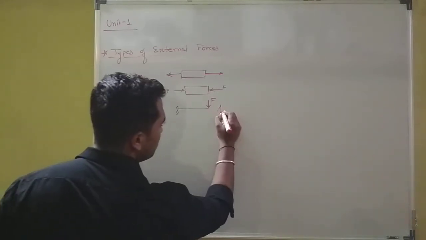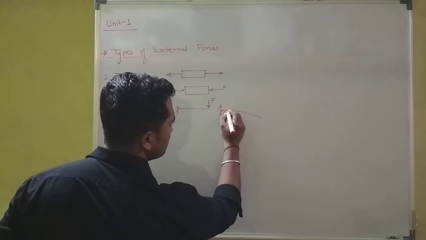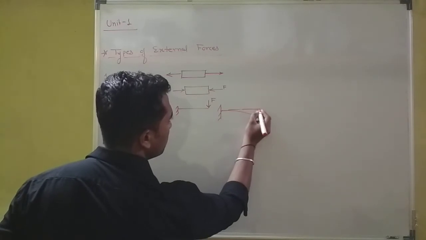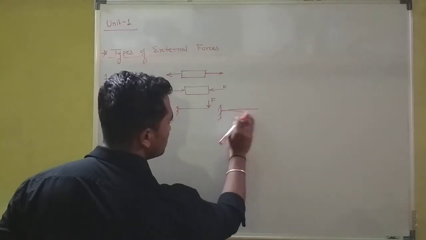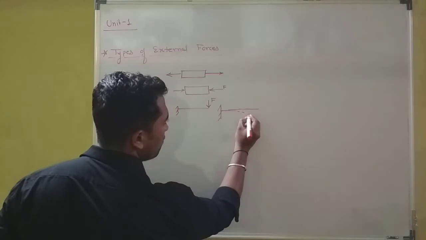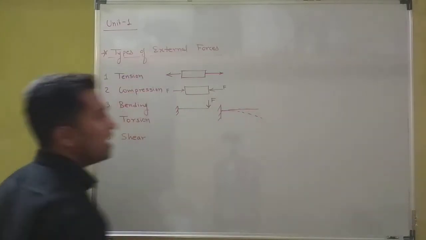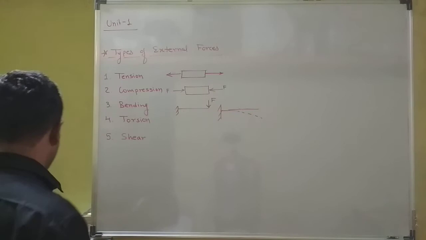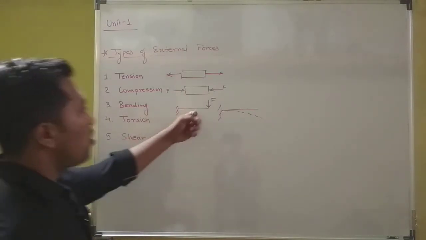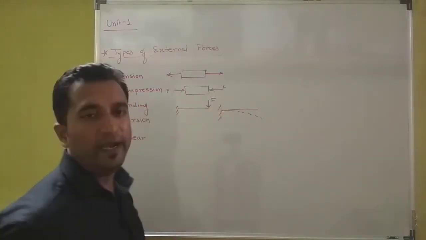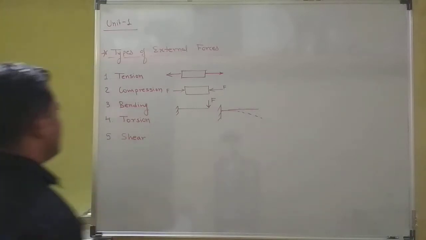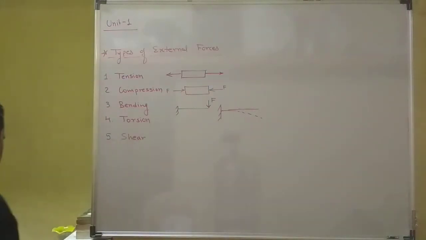This will become like this. This is the original shape, and this will become the deformed shape after applying the load. Now here we can say that the body is subjected to bending. Okay, then we'll come to the next, torsion.